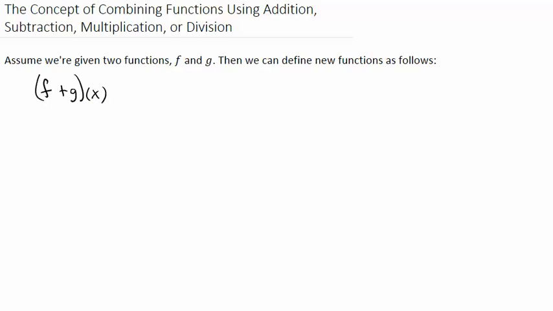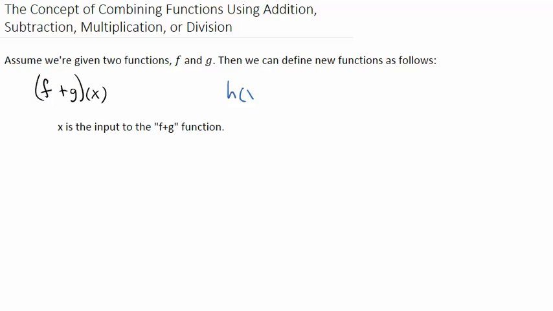And so the meaning of this is x is the input to the f plus g function. So f plus g is the name of this function, and x is the input. So it's very much like if I write h of x. X would be the input to the h function, except now the name of the function is f plus g.